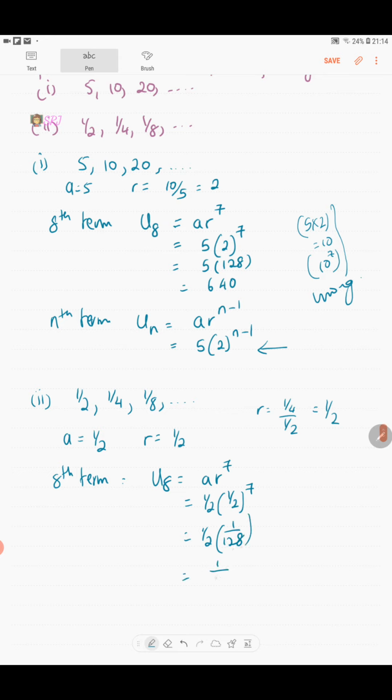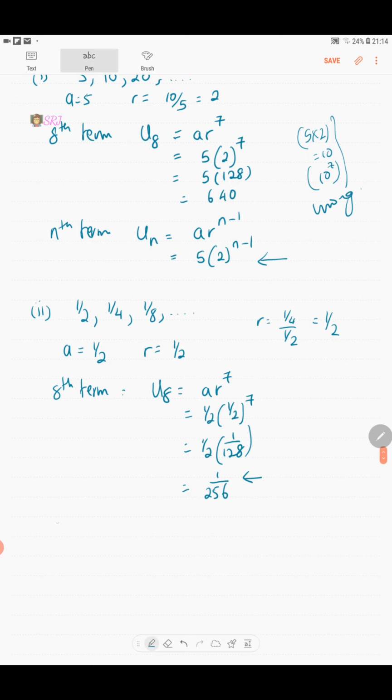We obtain 1/256. This is for the eighth term. And for the nth term, u_n, it is ar^(n-1), which is (1/2)^(n-1), and we leave it as such.